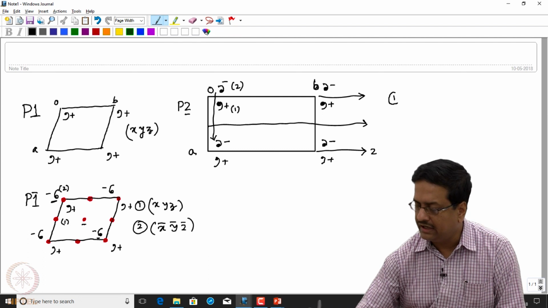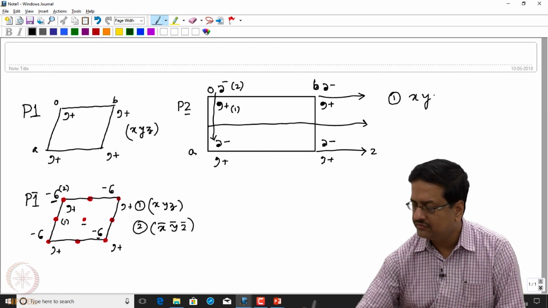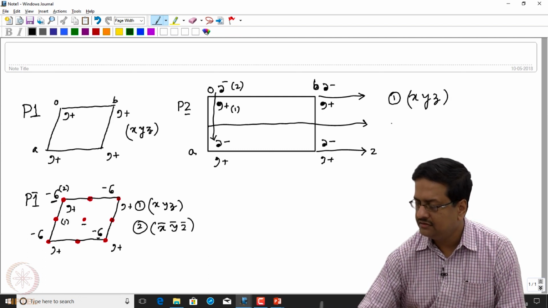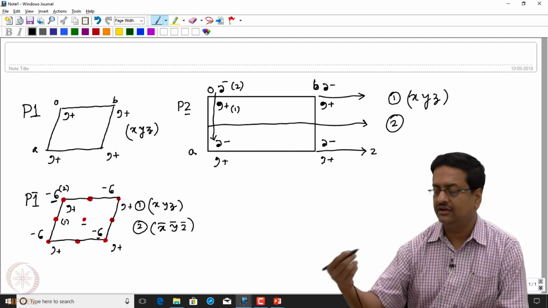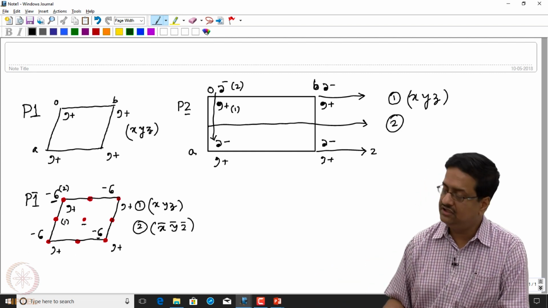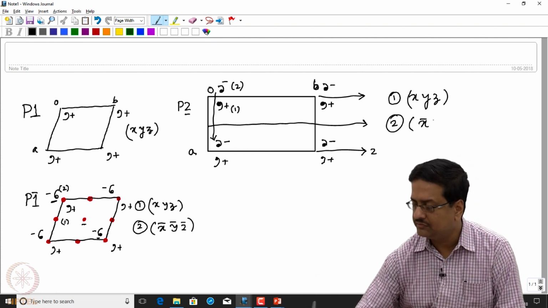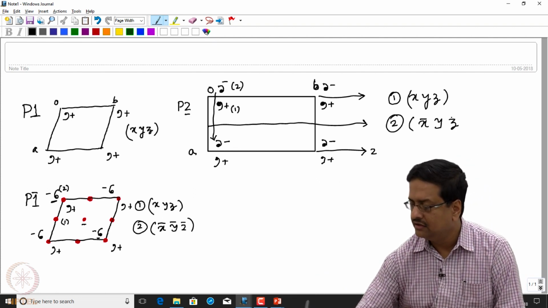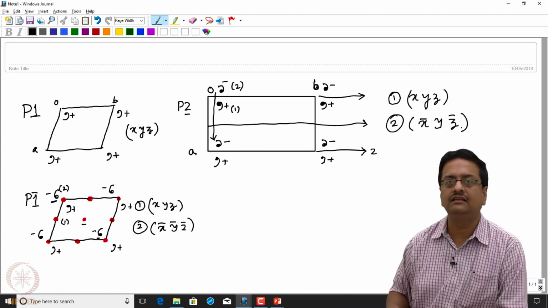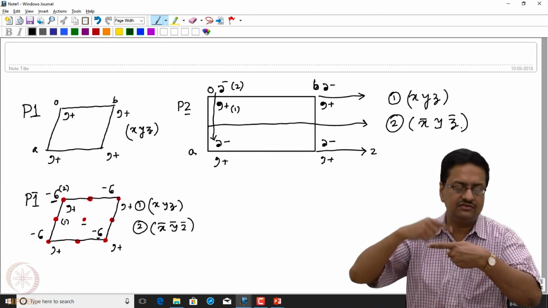So the equivalent points should be x, y, z, and the second point is a twofold about the y axis. That means it should become x bar, y, z bar, because y is the unique axis about which it is rotating.